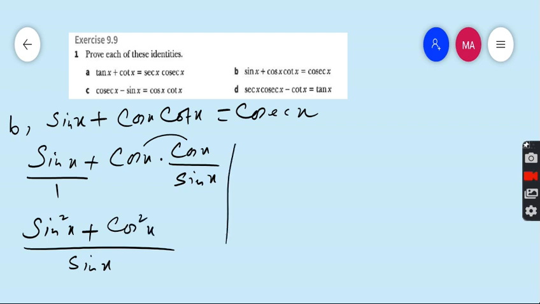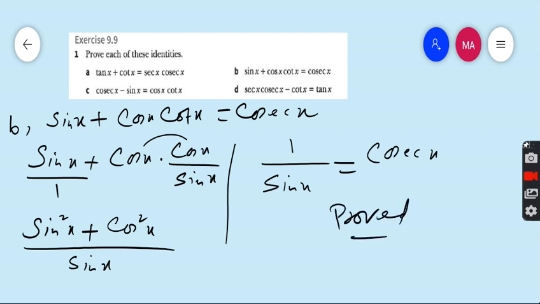Again sin square x plus cos square x is 1, 1 upon sin x. And the reciprocal of sin is cosec x, therefore 1 upon sin x is cosec x. Hence, it is proved that left hand side is equal to right hand side.